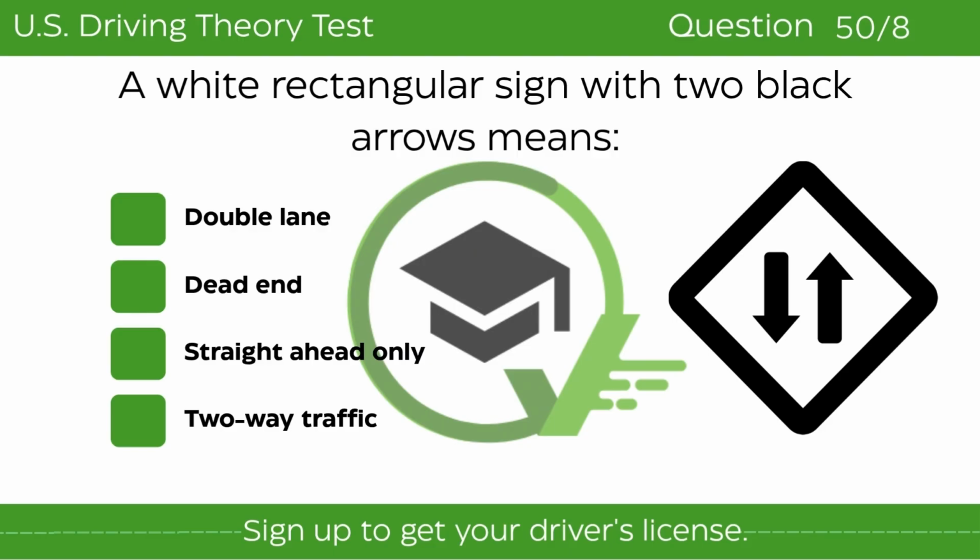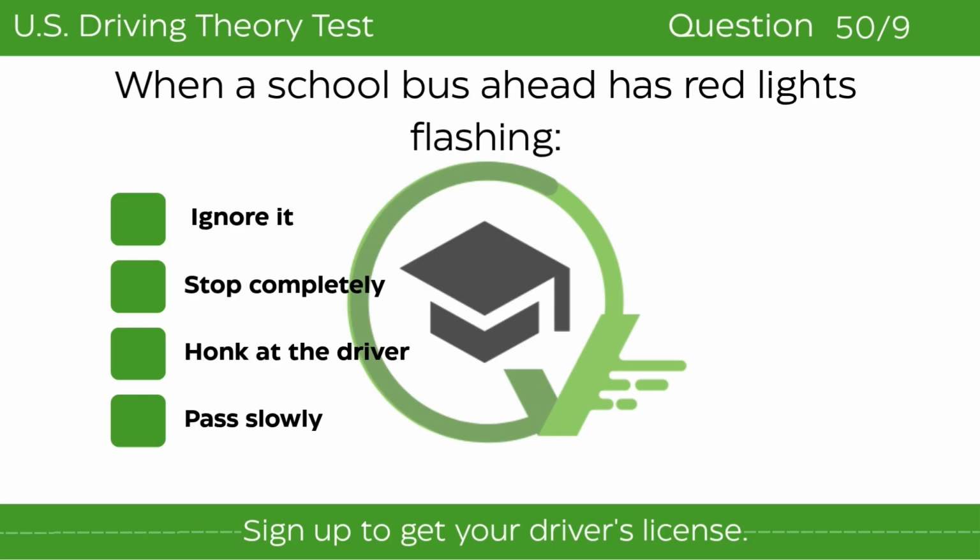A white rectangular sign with 2 black arrows means D. Two-way traffic. Question 9. When a school bus ahead has red lights flashing, B. Stop completely.